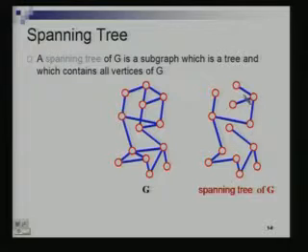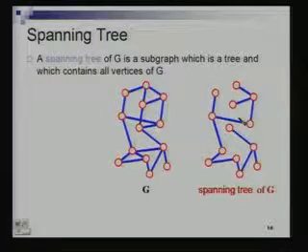Include everything here means include all the vertices. As you can see, this subgraph includes all the 13 vertices that are there, and it is a tree. There is no cycle here. So this is a spanning tree of this graph. This is the graph and this is the spanning tree of this graph.